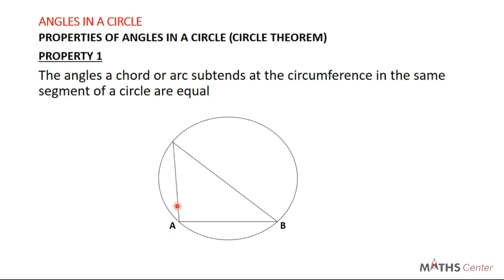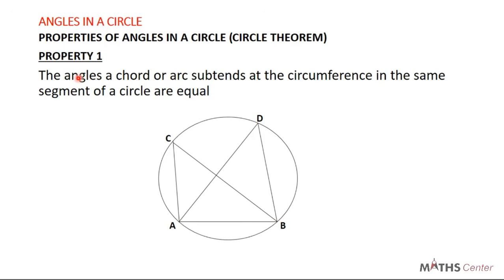We are going to call this point here point C. Now with this same chord AB, if you draw a line from A to another point on the circumference, and another line from B to a point on the circumference here, we call this point here point D. Now you can see that chord AB has created an angle here, and the same chord AB has also created an angle here.